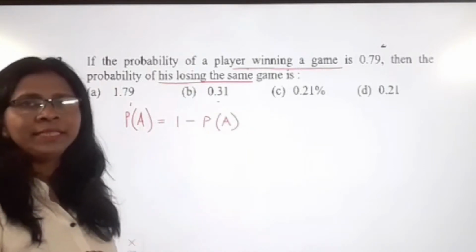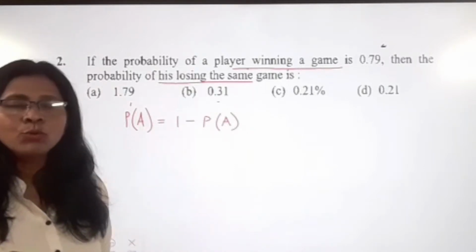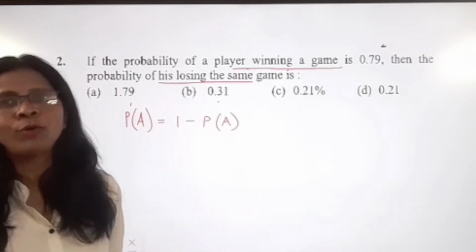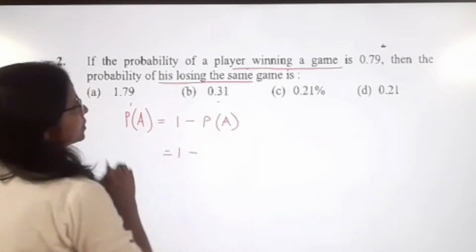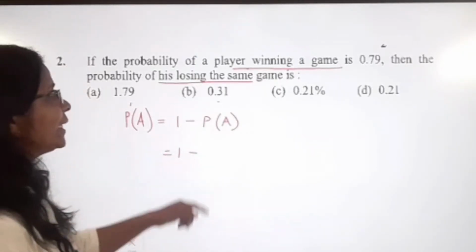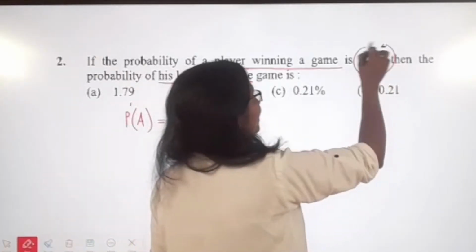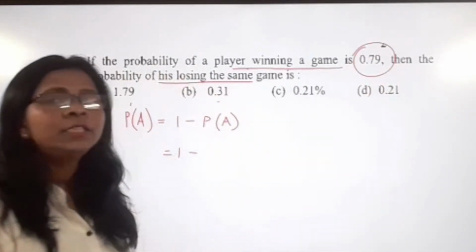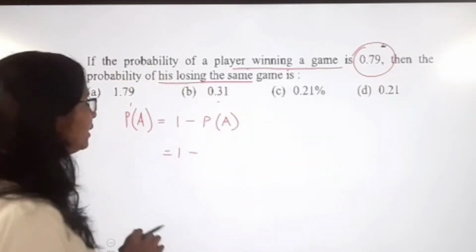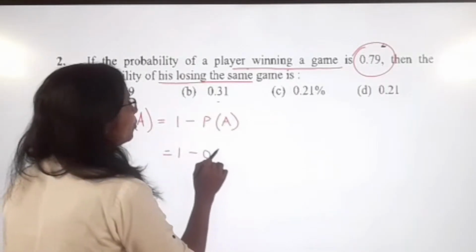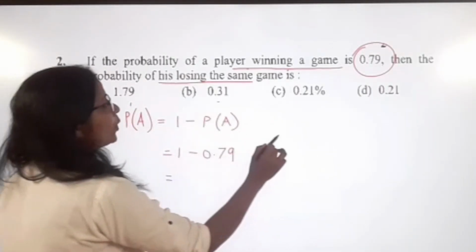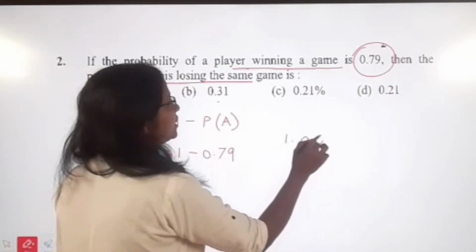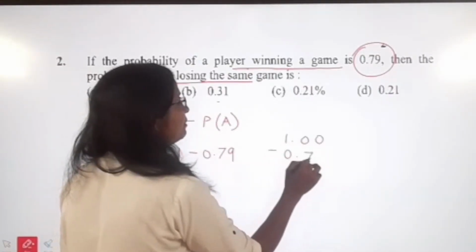Complement of probability A is equal to 1 minus probability of A, and that means students 1 minus probability of A, that is 0.79, which is for winning the game. So here 1 minus 0.79, so 1.00 minus 0.79.